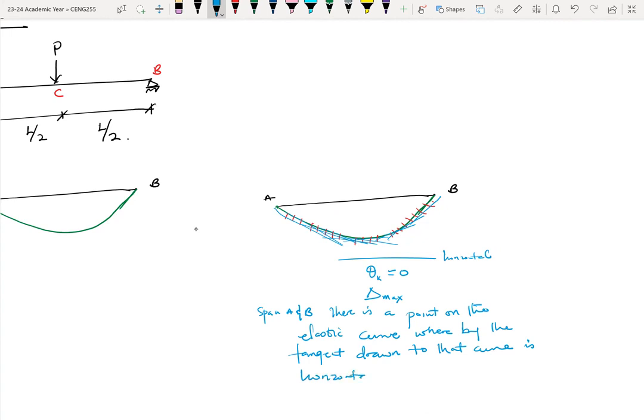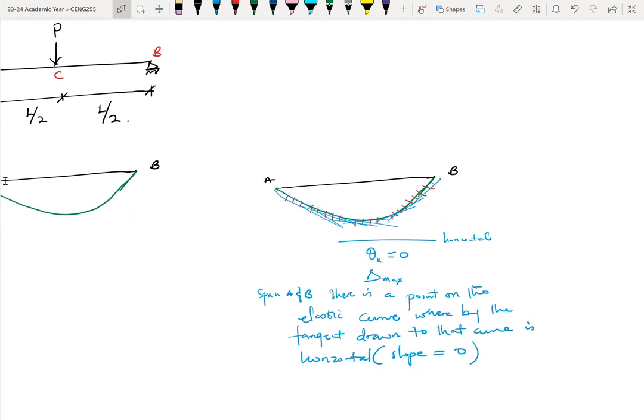Okay, so this means that the slope is 0 or the angle of rotation is 0. And when that happens, we can find our maximum deflection.